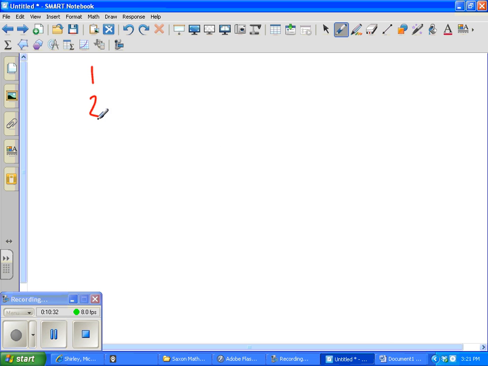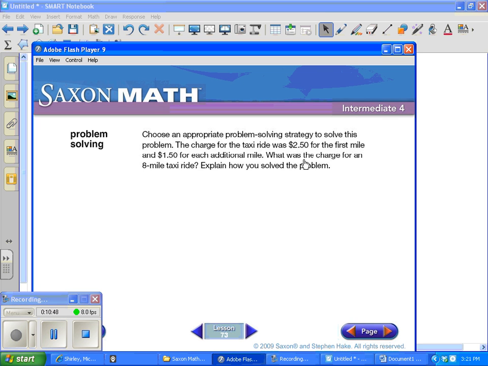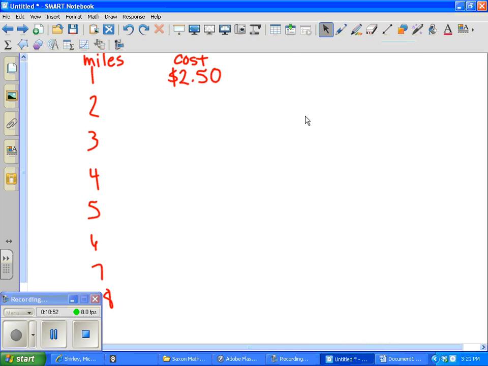So mile 1, 2, 3, 4, 5, 6, 7, 8. Those are our miles. And our cost. So the first mile was $2.50, right? And for every additional mile, we have to add $1.50.